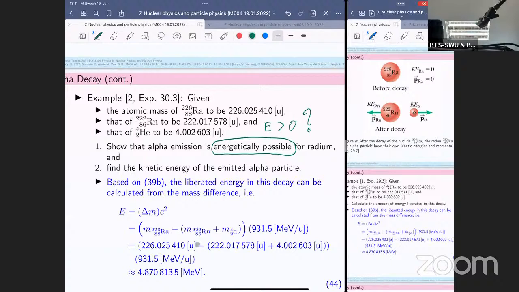And yes, we would get the difference, the mass difference, or the mass deficit, the mass that disappears during this transformation. And we convert it to energy by using the Einstein relation. We end up with the product of this difference and 931.5 again, and it's equal to 5.8708135.